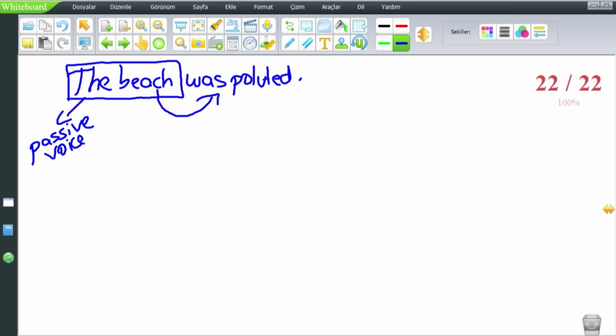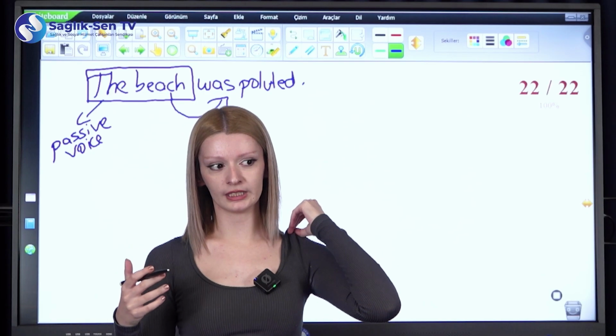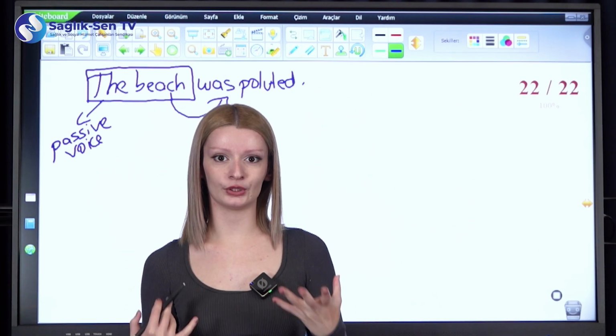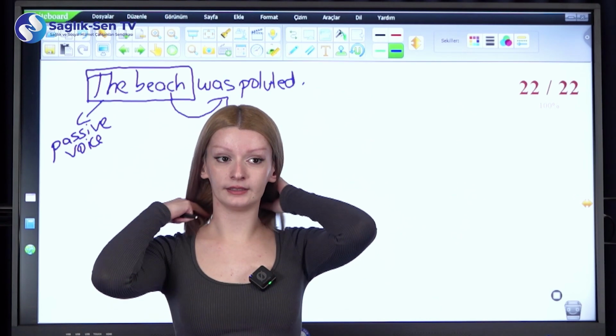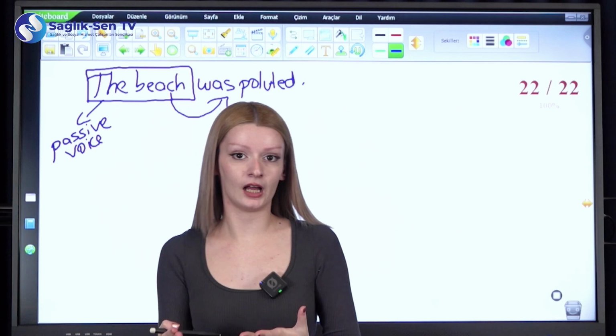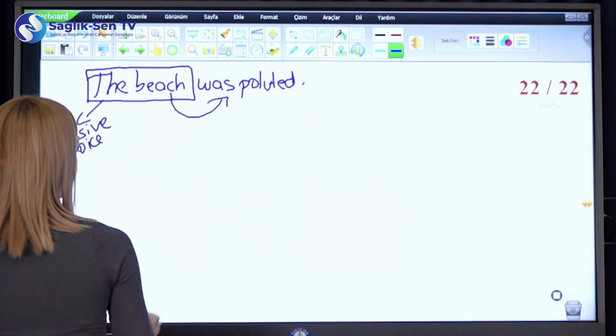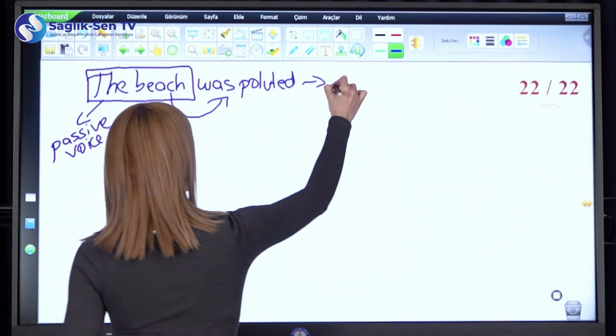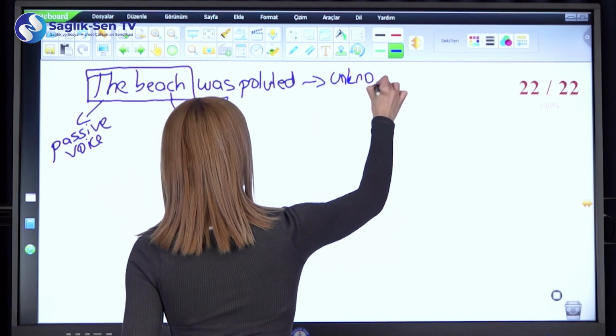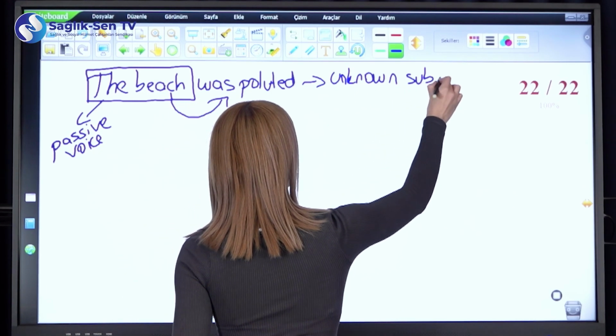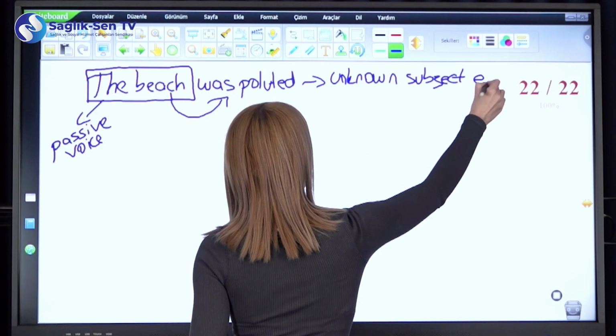But we don't have to, because as we said on the first page, we can use passive voice when we don't know the subject, when the subject is unknown. So this is an unknown subject example.